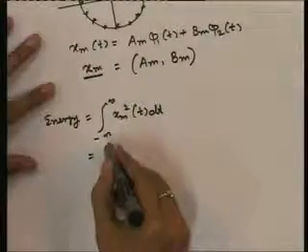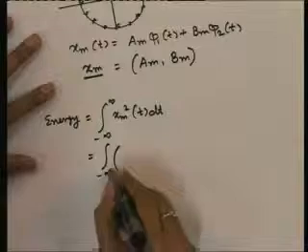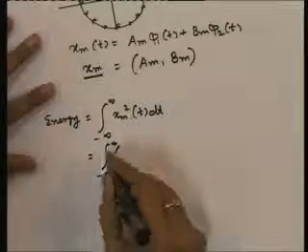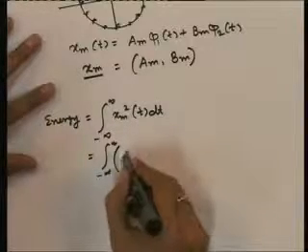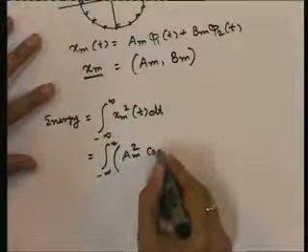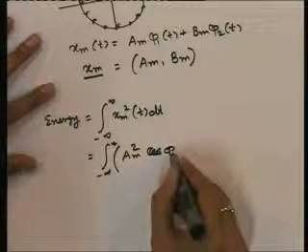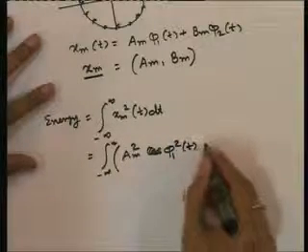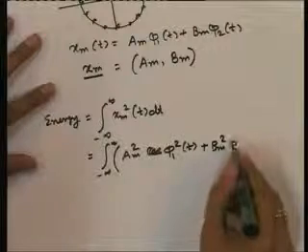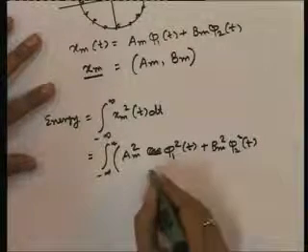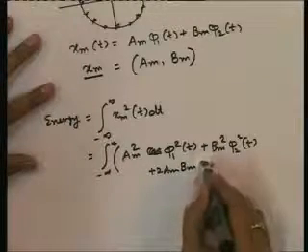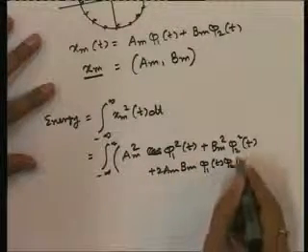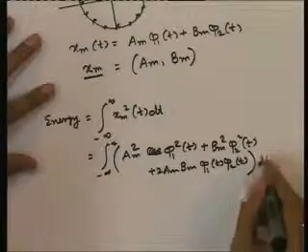Now using this you can see that this can be written as integral from 0 to T, because at all other places this signal is 0, of am square phi 1 square t plus bm square phi 2 square t plus 2 am bm phi 1 t phi 2 t dt.